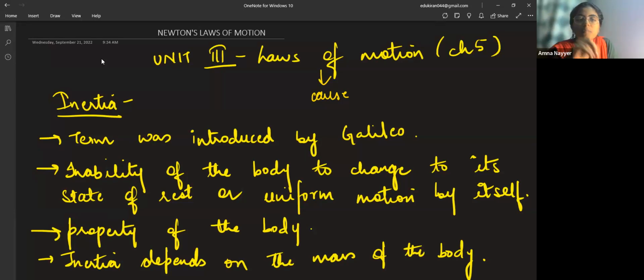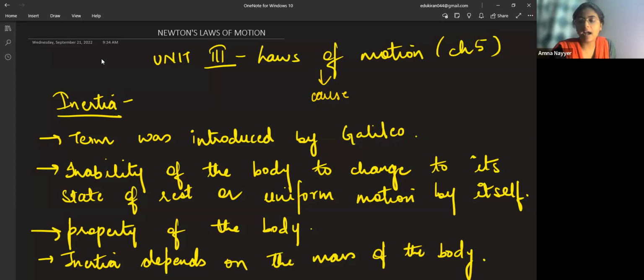Definition says: inability of the body to change its state of rest or uniform motion by itself. What does this mean? If the body is executing a certain motion, let's say the body is moving in a straight line, or in a circular motion or anywhere, the body is able to maintain its state of motion.